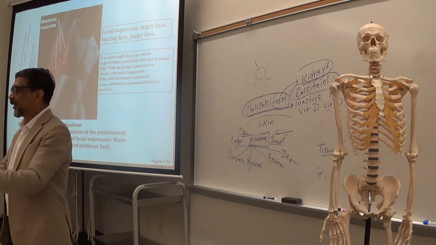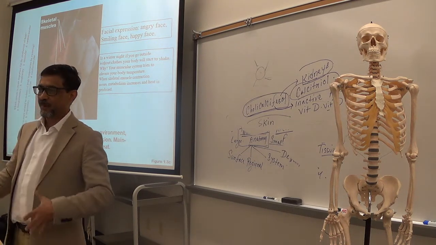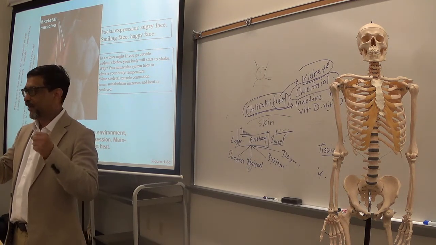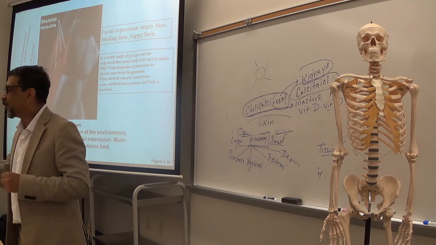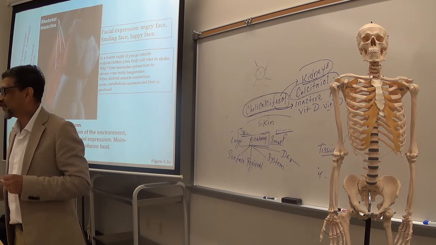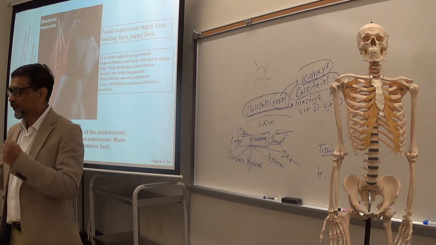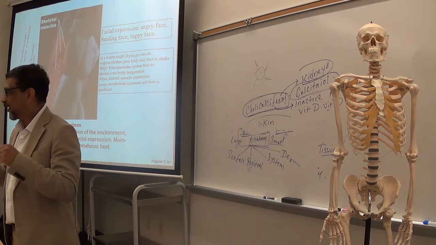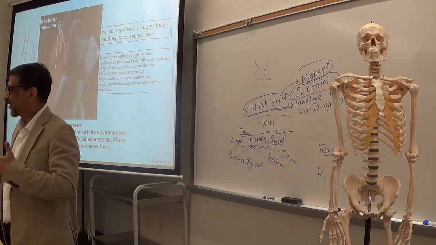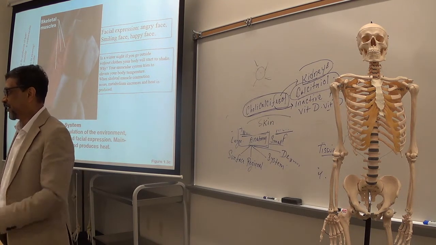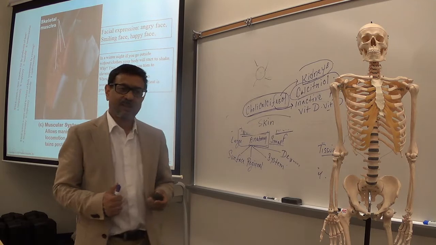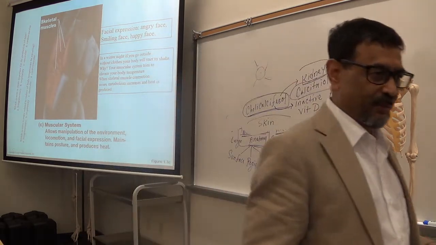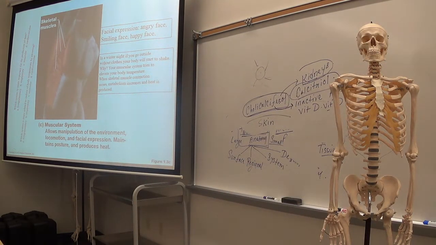In cold weather, if you don't have enough clothes, what happens? Shivering, right? To do what? It's not a problem. It is helping you, because when shivering occurs, your muscles move, and that produces heat to protect you, right? So you see that muscles produce heat, and that is important.